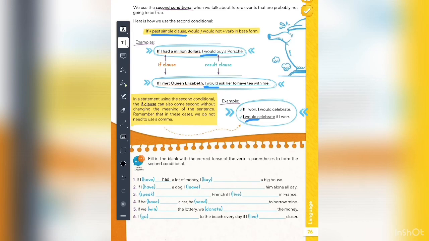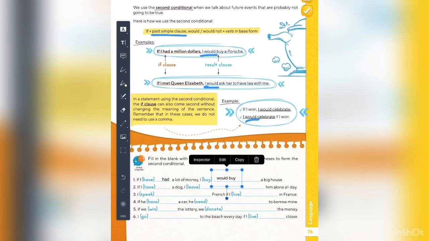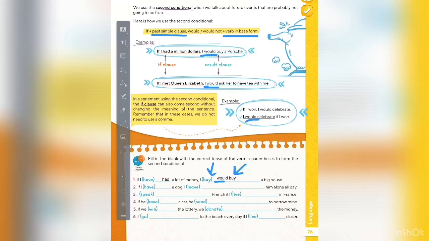If I had a lot of money, I would buy a big house. You see what I did there? I used would, and buy stands like that because it says verb in base form. There's no need to change it to past. Okay?